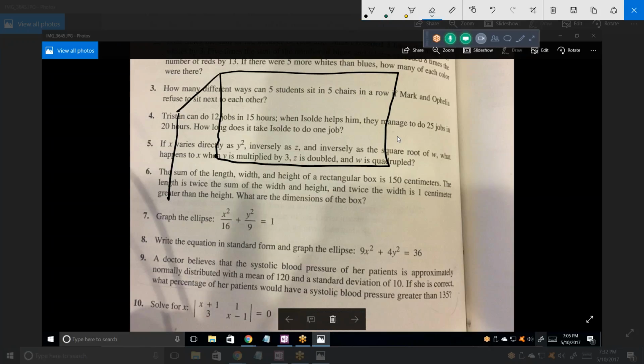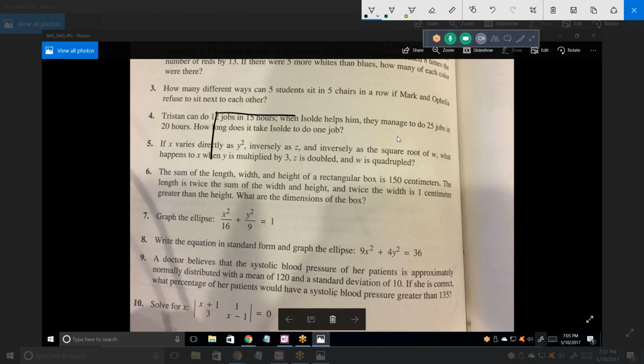I'm not particularly good at drawing three-dimensional objects, but I am getting a little better. There's our rectangular box. We'll call this the height. This will be the width, and that'll be the length. How about that?